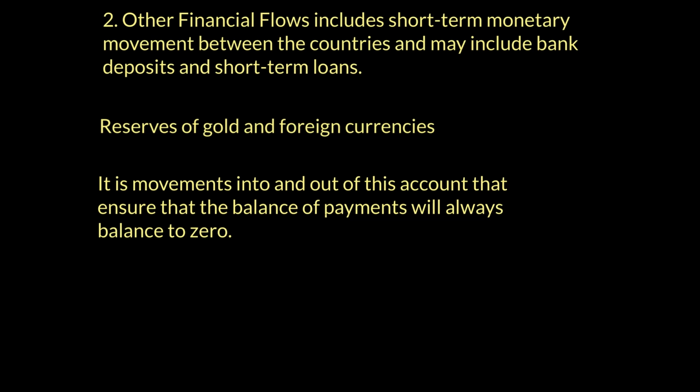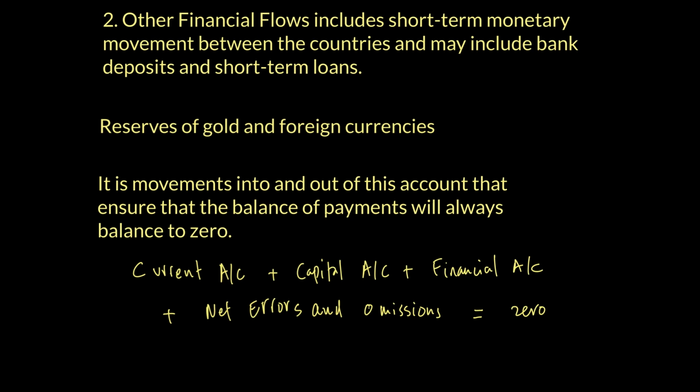So according to the international standards set by the IMF, our current account plus capital account plus financial account and the net errors and omissions, or the mistakes that we make, should balance to zero. If ever there are transactions that are not accounted for, they should be put into net errors and omissions, and with time we'll fix those and bring the balance of payment to zero.